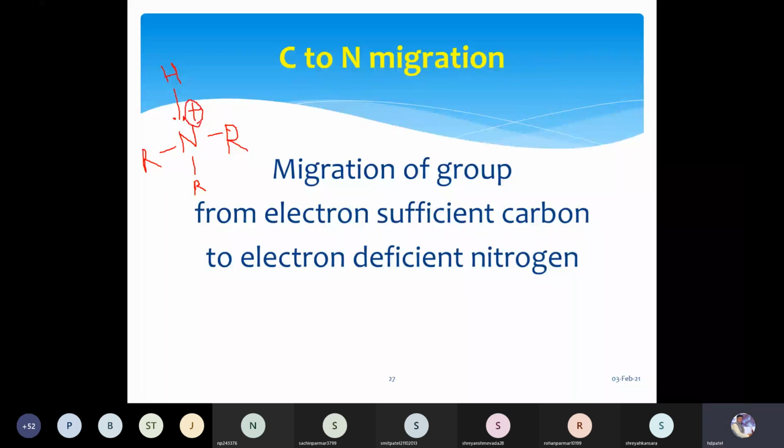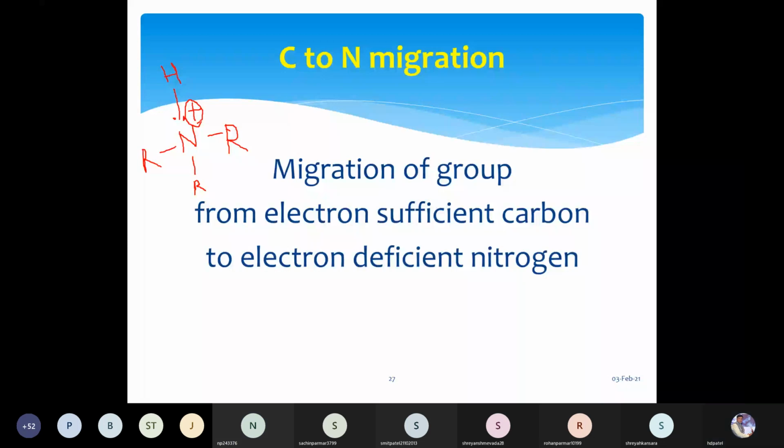It means nitrogen should react with a nucleophile. Now tell me, is it true that if nitrogen has a positive charge, then nitrogen can react with the OH minus nucleophile? Anyone can answer. If nitrogen has a positive charge, and this is the form which I have written over here.